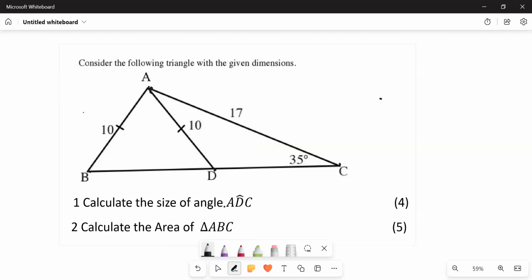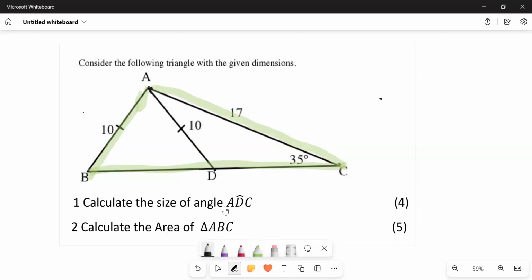A, B, C. Let's highlight it. I think I'm enjoying using a highlighter these days. A, B, C. Okay. Do you have any other triangle?